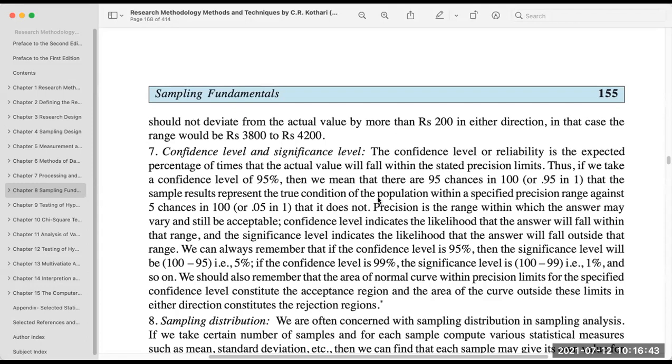That is known as the confidence level. At 95% confidence, 95 times it should give the correct result.